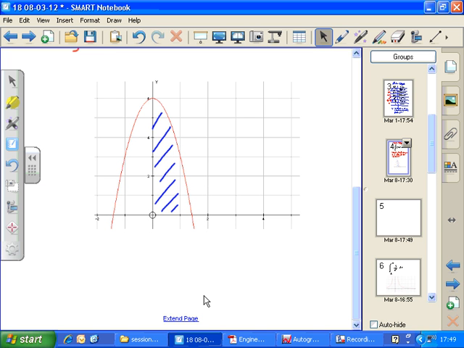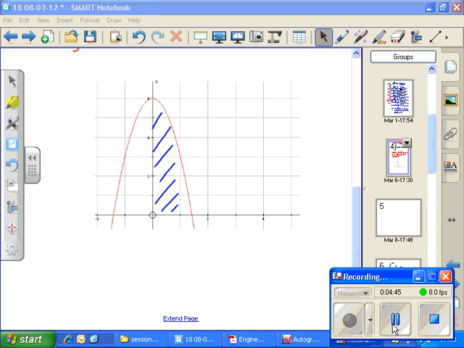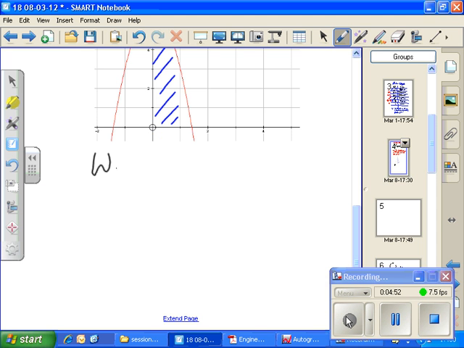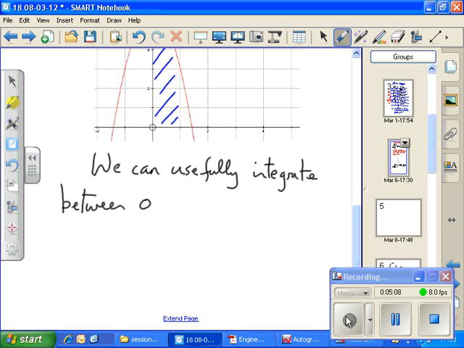So the limitations here are, so we can usefully integrate between 0, well actually, if you are allowed to go negative, that's fine, negative about 1.34, something like that, and plus 1.3 or 4 by the looks of it, okay?